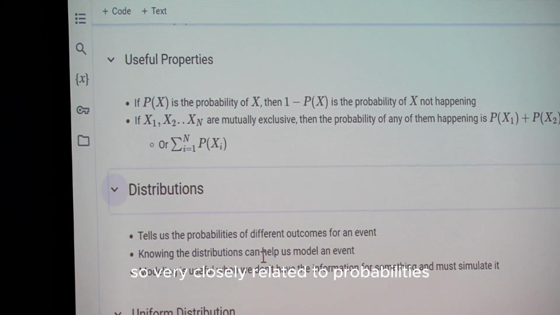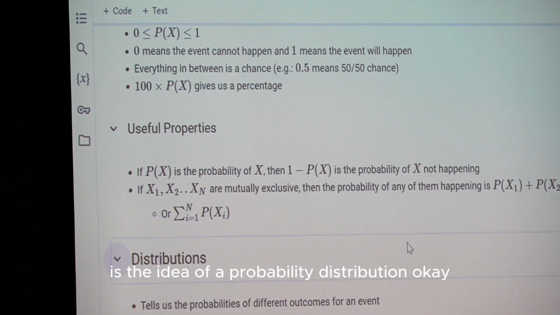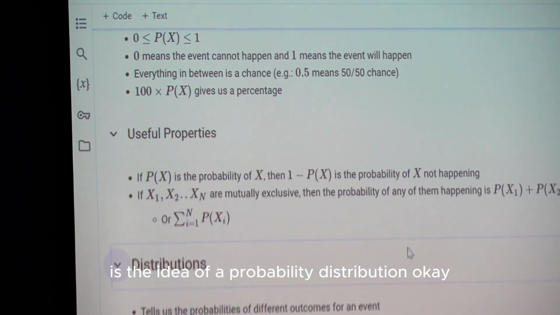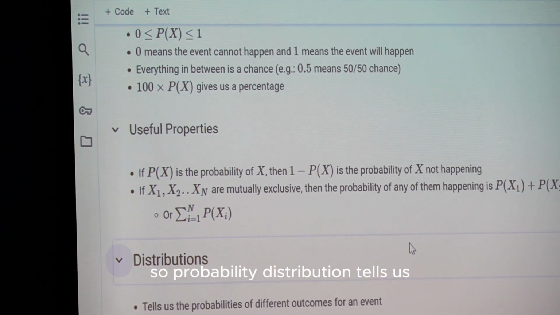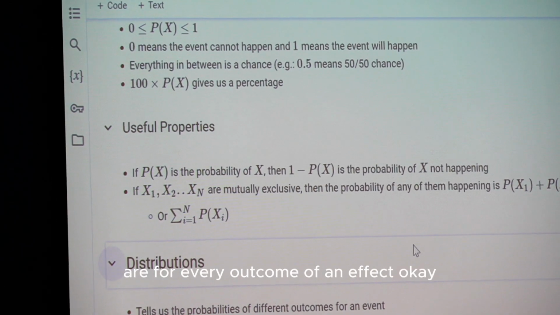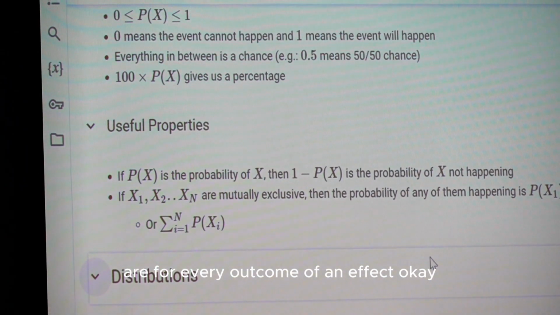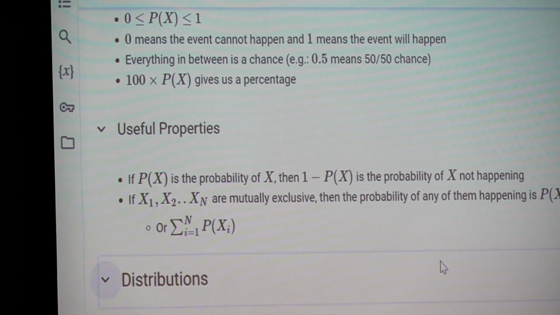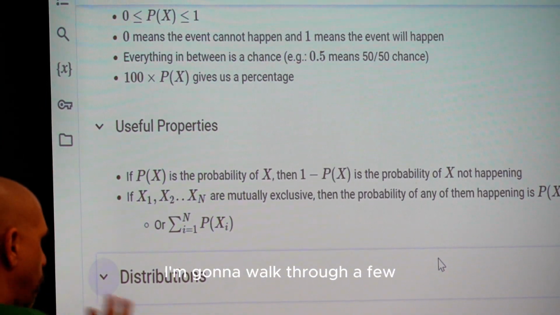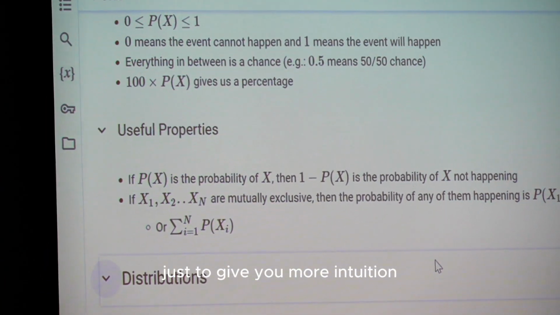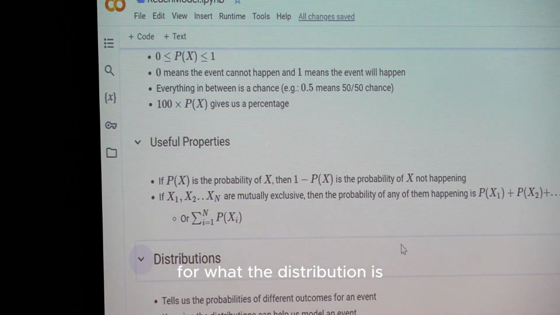So very closely related to probabilities is the idea of a probability distribution, okay? A probability distribution tells us what the probabilities are for every outcome of an event. We have a lot of different types of distributions we can use, and I'm going to walk you through a few of them just to give you more intuition for what a distribution is.